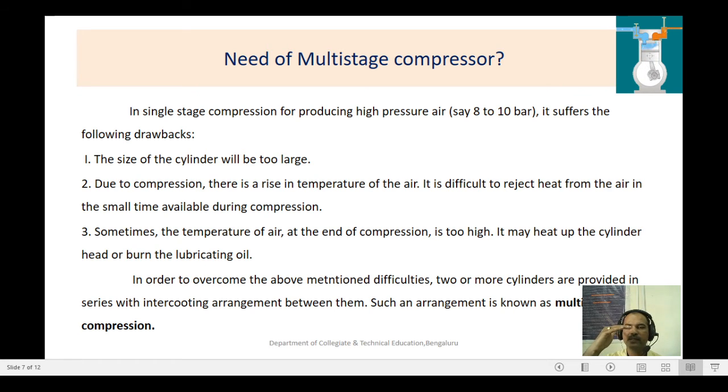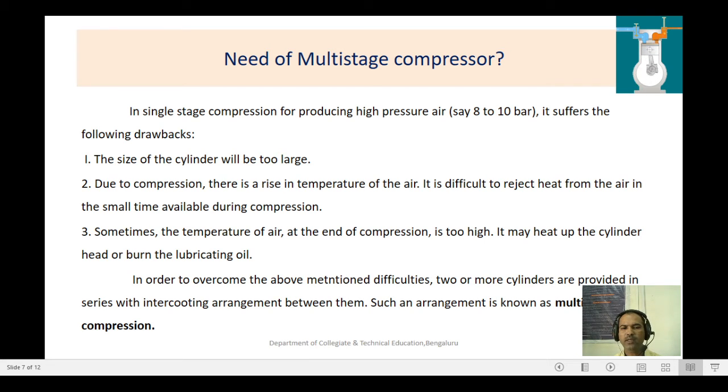The cylinder head will heat up maximum, and due to that there is a chance of burning the lubricant oil inside the cylinder. So these are the different drawbacks which occur in maintaining a high pressure ratio in a single stage cylinder.